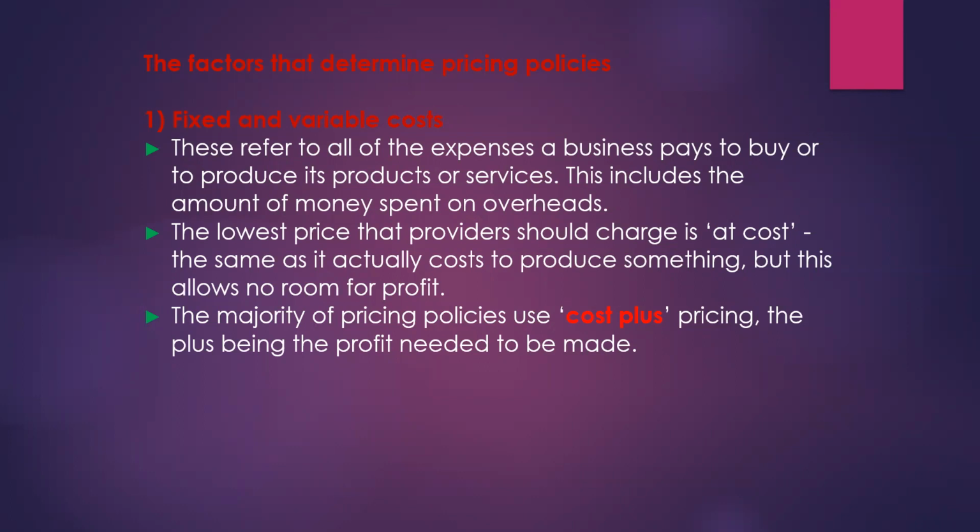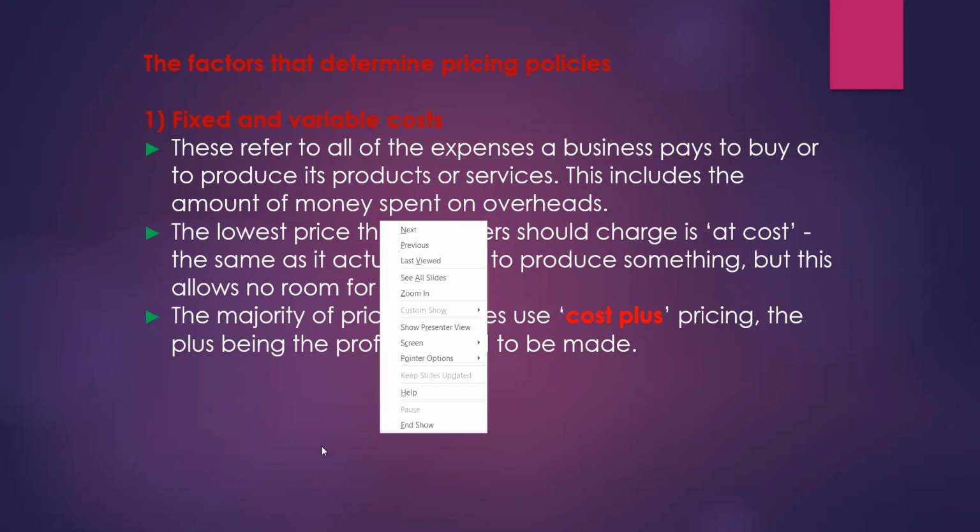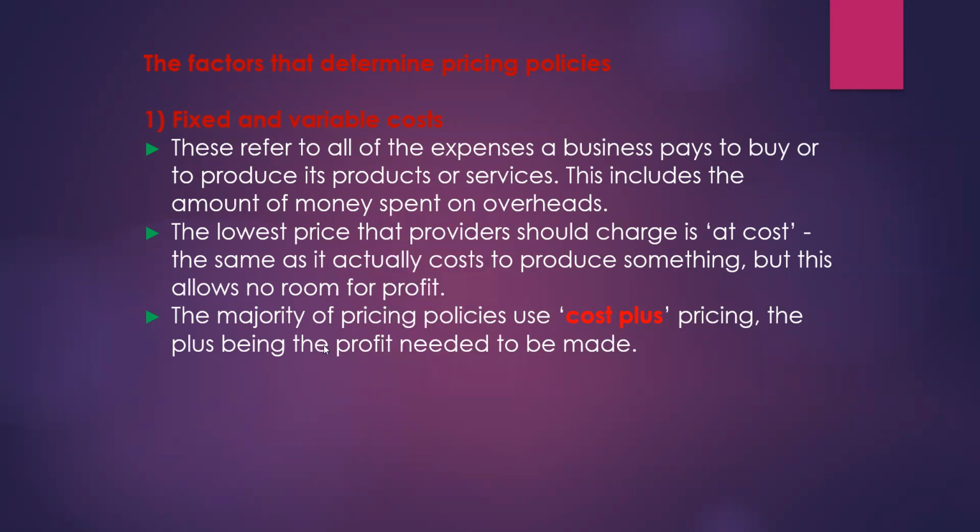So the fixed and variable costs, we said the costs are the expenditure used to make the product and service, right? They refer to all the expenses a business pays to buy or produce its product or service. And this includes the amount of money spent on overheads, anything extra.